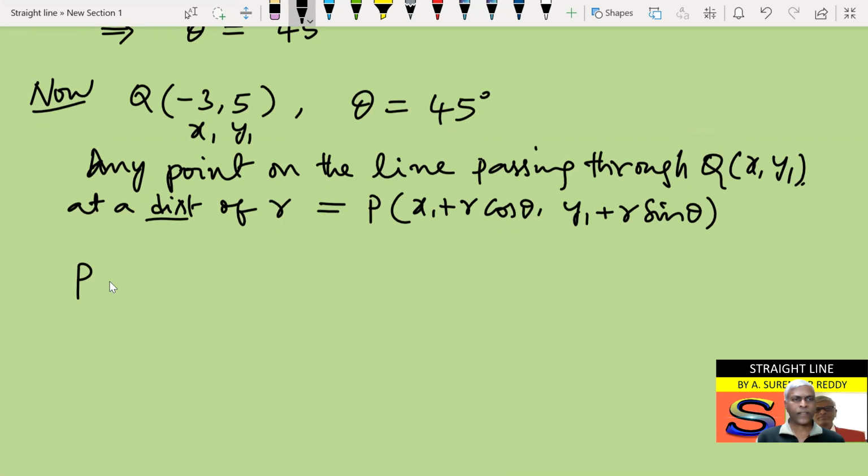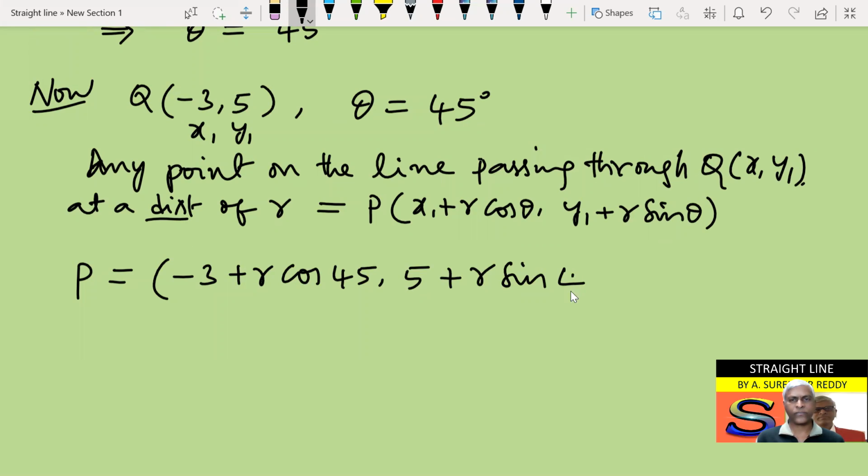Substituting, we get the point P: x is -3 + R cos 45, and y is 5 + R sin 45 degrees.